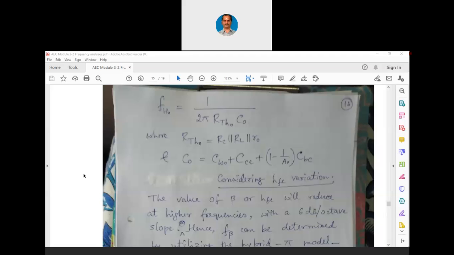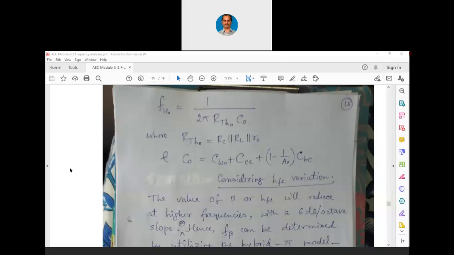Now, as we are discussing the high frequency analysis, we will compute this FHI and FHO, and whichever is the least frequency, that capacitance is considered as dominant. Why? Because we are moving from the midband gain to the high frequency gain, where we go below minus 3 dB from the maximum gain, and that is where we mark that particular point FH.